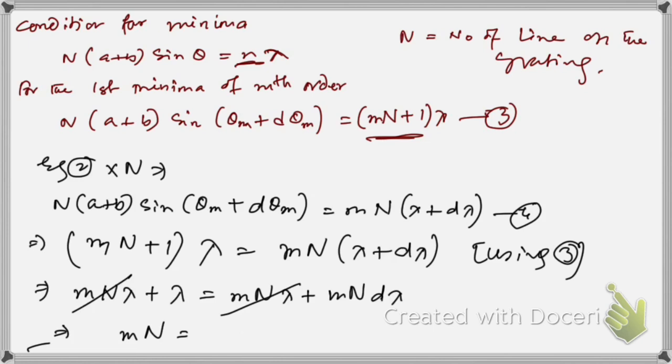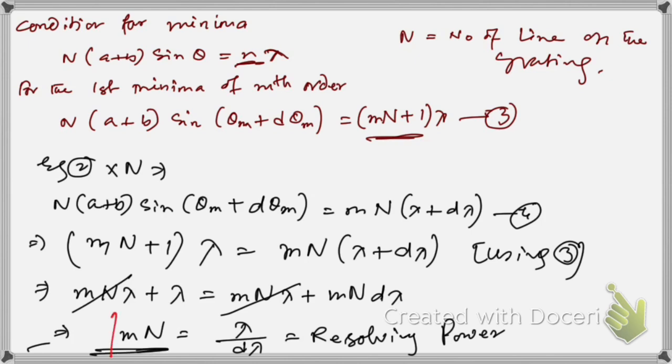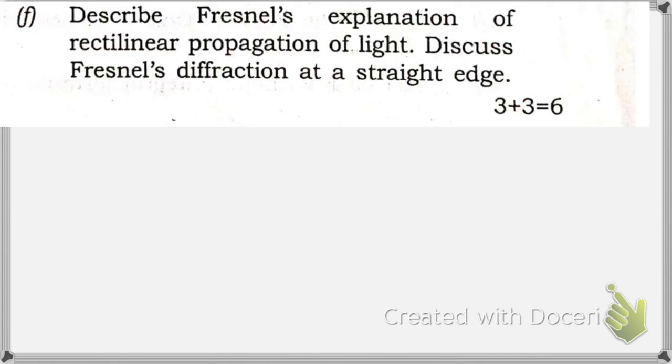So lambda by d lambda is nothing but the resolving power, which is equal to m capital N. So this is the required expression. So hope you have understood this. Now let's move on to the next question.